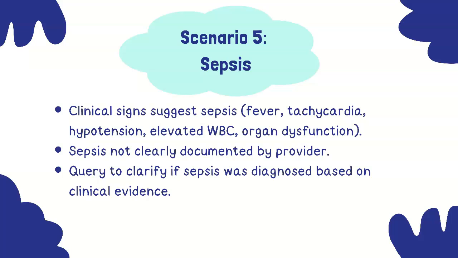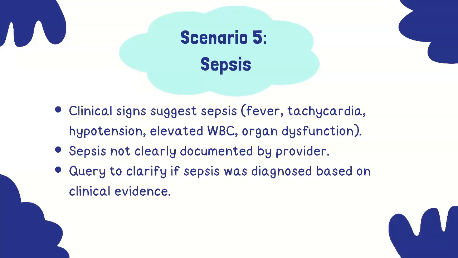Fever, elevated white blood count. They'll say white blood count shift to the left or something like that. Tachycardia, hypotension, organ dysfunction. And if you look at these, you're like, wait a minute, it makes sense because in the guidelines, we talk about sepsis and severe sepsis and that organ dysfunction. So all these clinical indicators should make sense as to why we need to know.